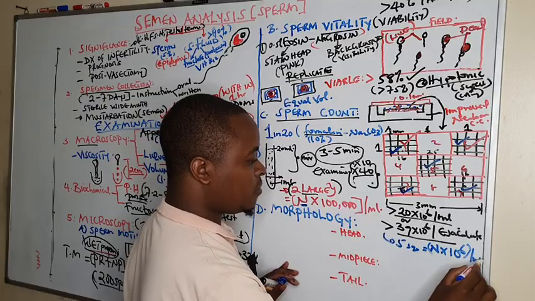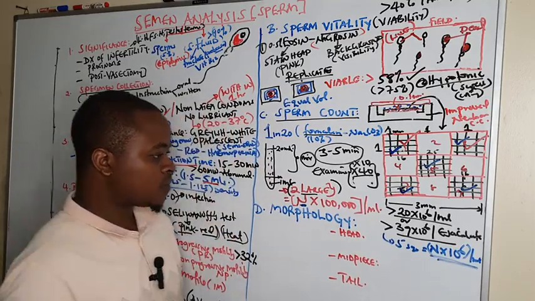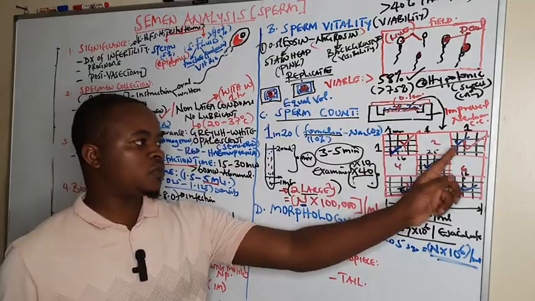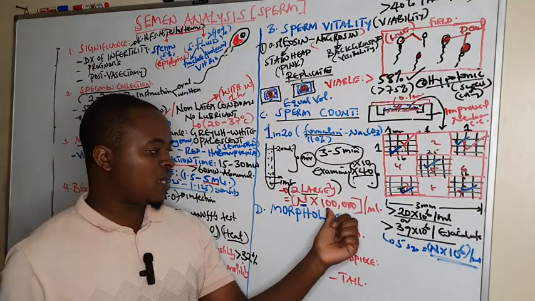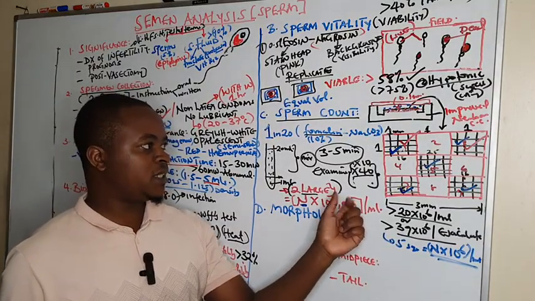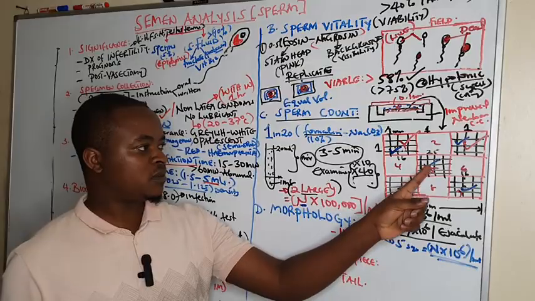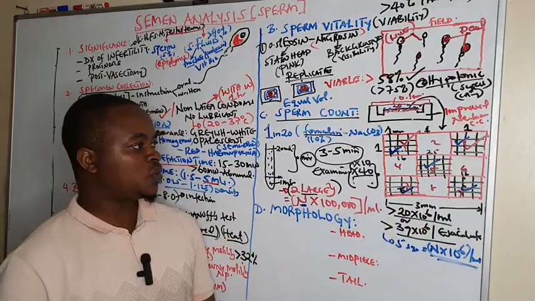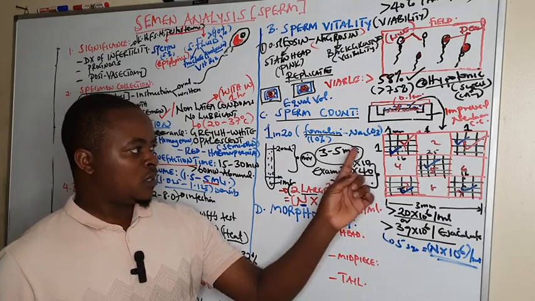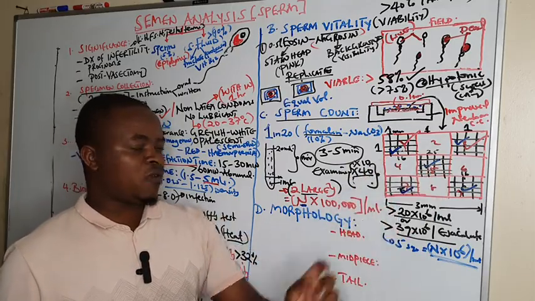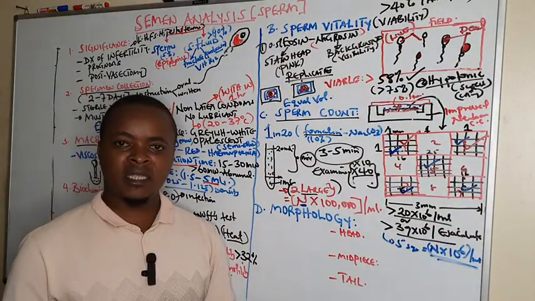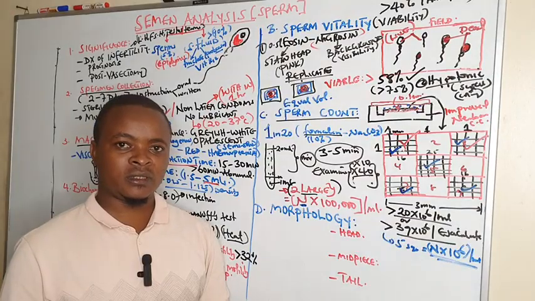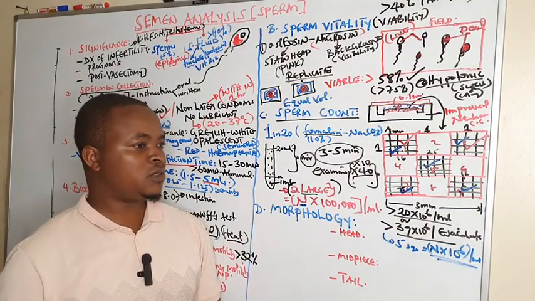That is per mil. So if you use two large squares, you multiply the result by 100,000. But if I use the 4 corner squares and the 1 central square, I multiply by 10 power 6. That is what we can see.